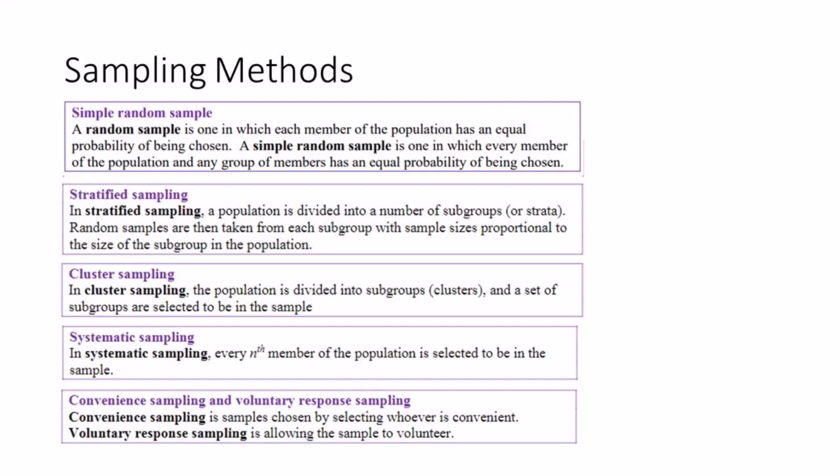Convenience sampling and voluntary response sampling will tend to bias the information a little bit more, but sometimes it's just too difficult to do the other types of sampling methods depending on what population you're measuring. And so sometimes you just make do and you say, I know that convenience sampling isn't the most ideal, but this is the one that's going to work and actually be reasonable for me to do my study with.